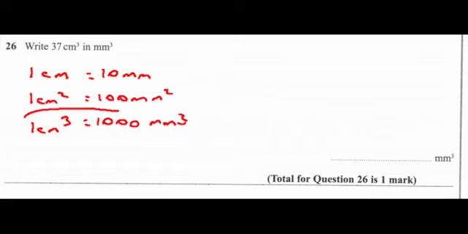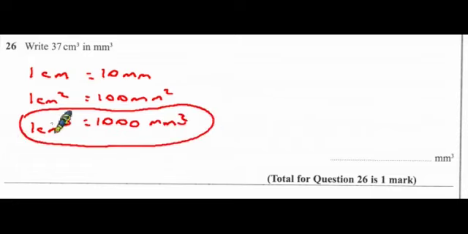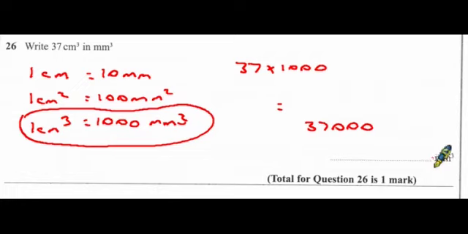So this is what we are using here. 1 centimeter cubed is 1000 millimeter cubed, so it is 37 times 1000 equals 37,000 millimeters cubed.